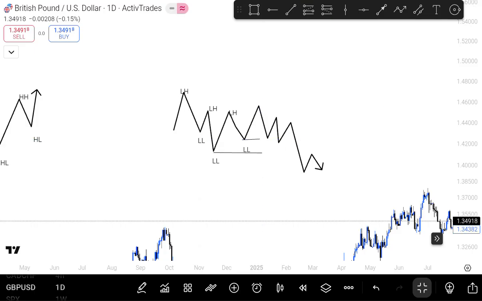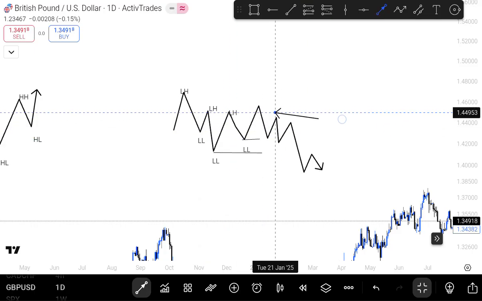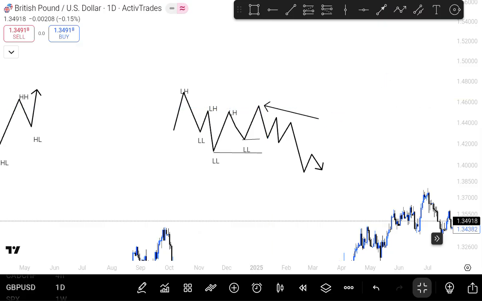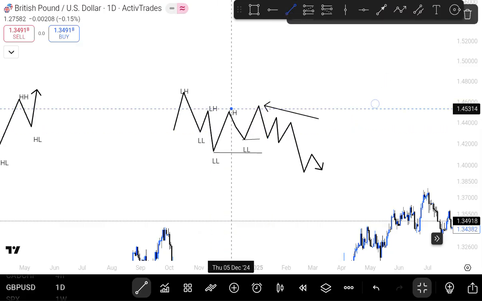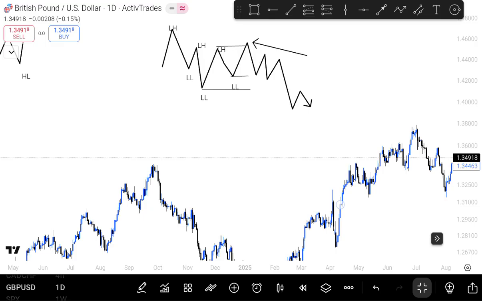When it comes to this side, you can see we form an equal lower high. You check this side, you find out that it's weak.